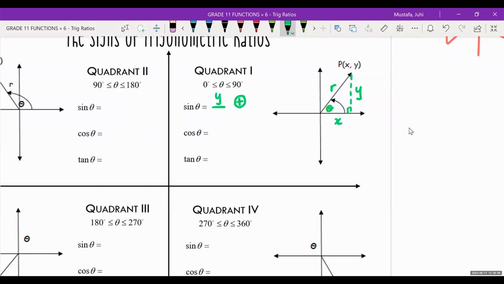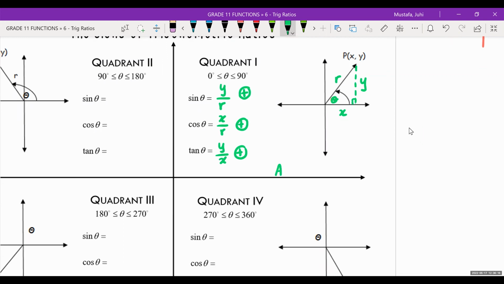It actually comes up a lot. Cos theta would be X over R, and the answer would be positive. And tan theta would be Y over X, and the answer would be positive. So basically, any angle that you draw in quadrant 1, all of the answers for sine, cos, and tan will always be positive. So we're just going to write down all positive.